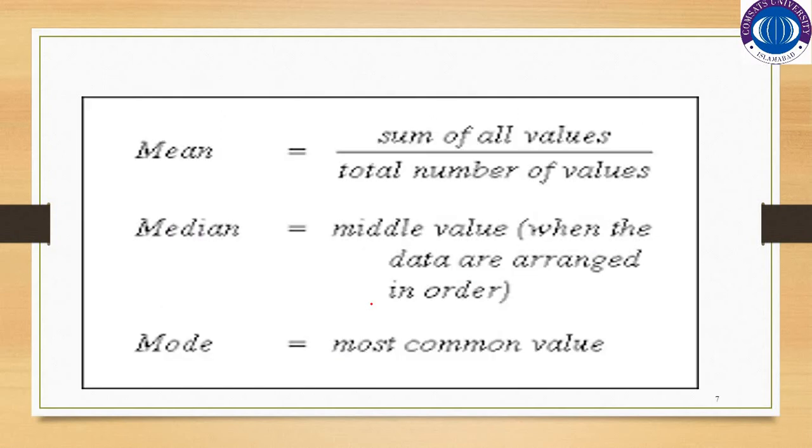How to find out the mean? This is basically the arithmetic mean. If I write it here, this is the formula of the arithmetic mean, and this formula is for ungrouped data. Arithmetic mean. So the technique to find out the arithmetic mean is the sum of all values divided by the total number of values.